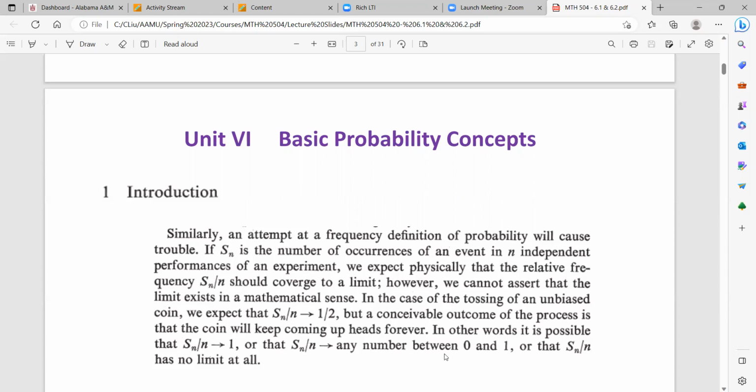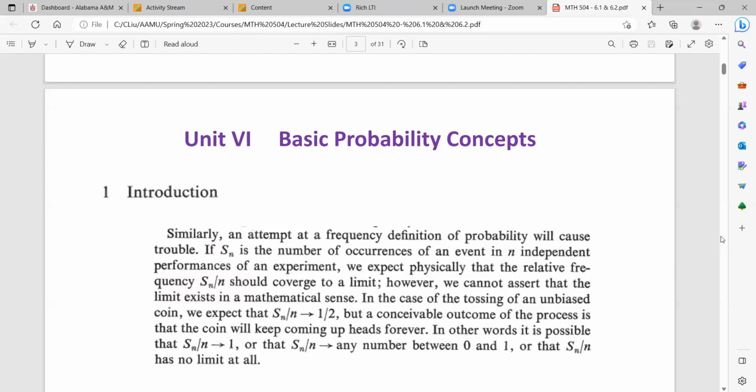Like in gambling, if somebody violates the rule, they can make the outcome favorable to them. So it may be greater than half or less than half, or sometimes you cannot get a limit at all.